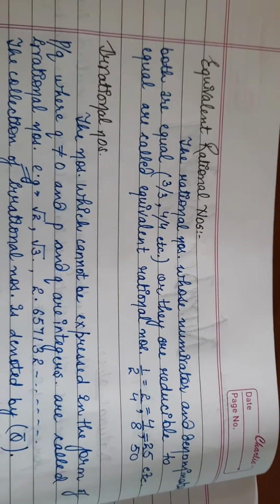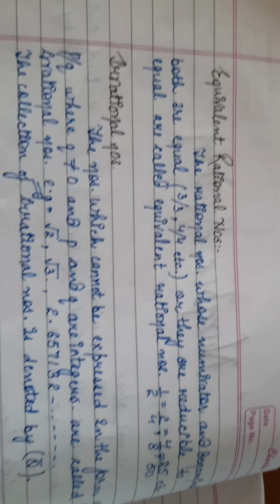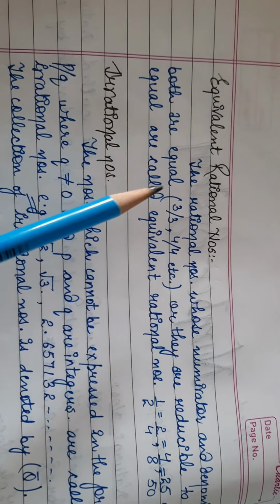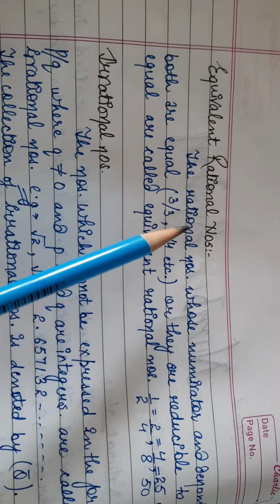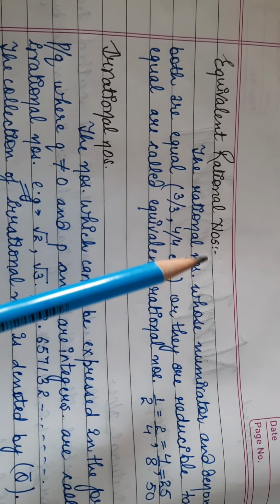Now we need to have some more numbers on the number line. Before I introduce the irrational numbers, I would like to discuss the equivalent rational numbers. You had also done this in 8th standard.